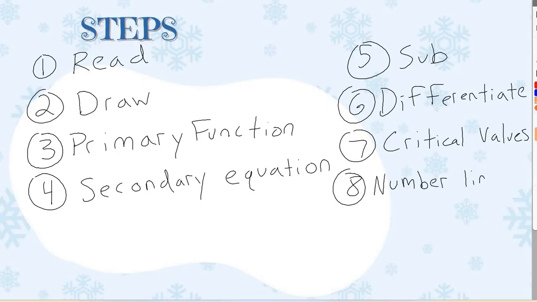Then is finding our number line, similar to what we've been doing. They say test the points, but we just draw out our number line to test those points. And then the last step is to find your answer. But it is important to make sure that you're reading what the question is asking for. Seems kind of straightforward. However, because we end up finding a lot of different dimensions, you just need to make sure you refer back to what your actual answer needs to be in terms of.